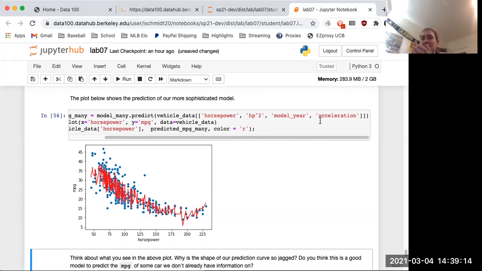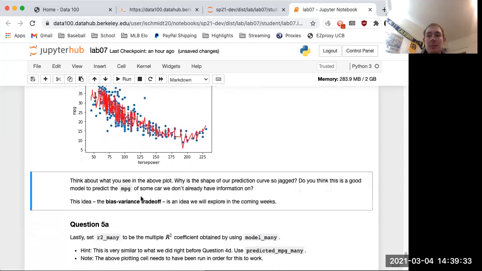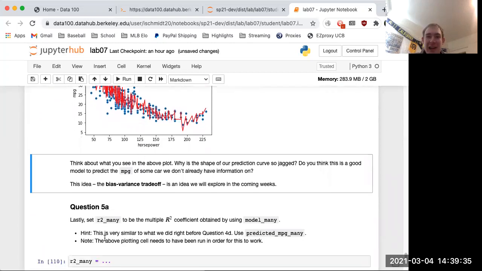You can't really visualize 4D, but imagine we're looking at a 4D graph and we're just looking at a 2D slice of it. This is what it would look like. That's why it doesn't look linear at all, it doesn't look quadratic at all. That's why it's so jagged.